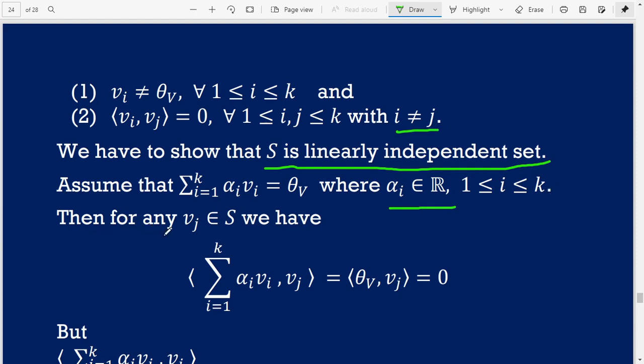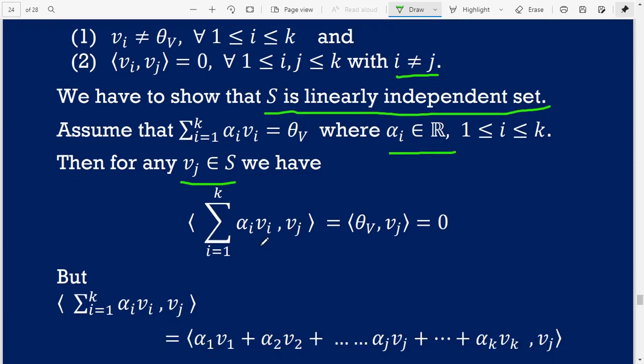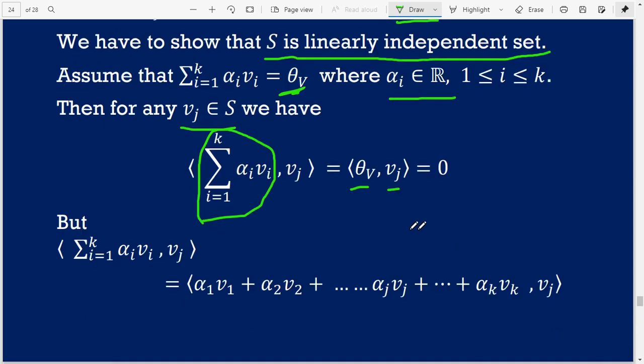Then for any vj belongs to S, we have the inner product of the summation i = 1 to k alpha i vi with vj is equal to the inner product of the zero vector with vj, which is equal to 0.